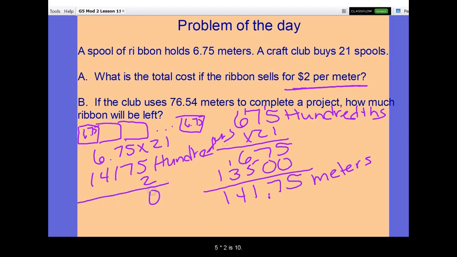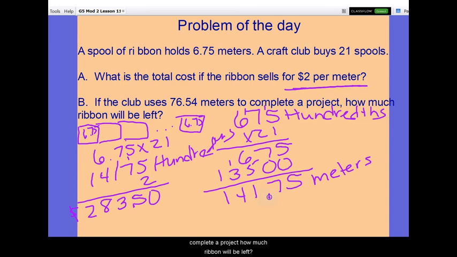So 5 times 2 is 10. That's 15. 2 times 1 is 2, plus 1 more is 3. 4 times 2 is 8, and 2 times 1 is 2. So I end up with $283.50.